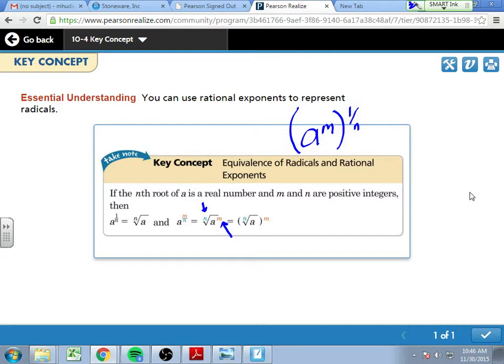Okay, I'm confused now. Okay, so a to the nth root. Okay, never mind. Jacob? So, are you asking like why they're the same? Yeah, like why we have two different ways that it's expressed.